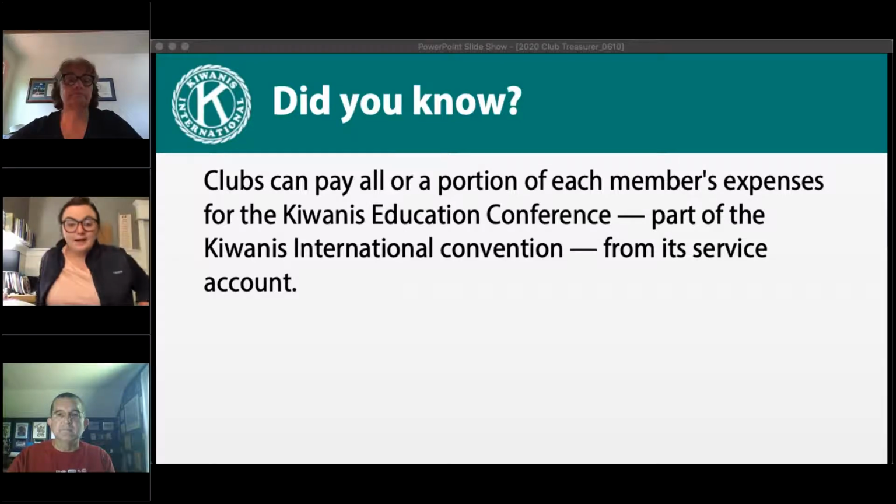This is relatively new for us to come out and say you can use your service account. But be smart about it, especially if someone is going for the administrative part of your convention or the international convention. It is probably a best practice to split and pay for that from both accounts.